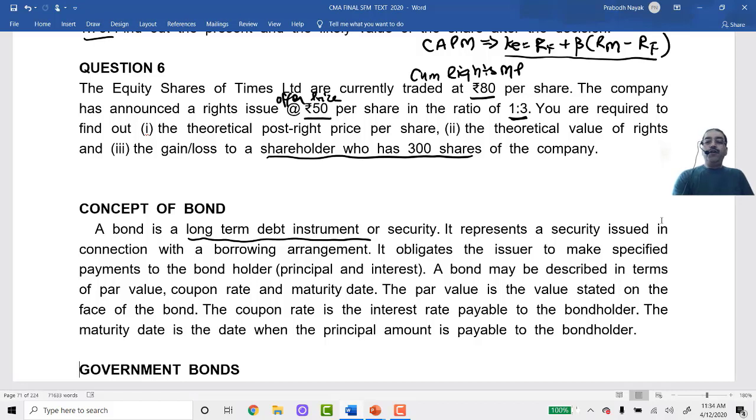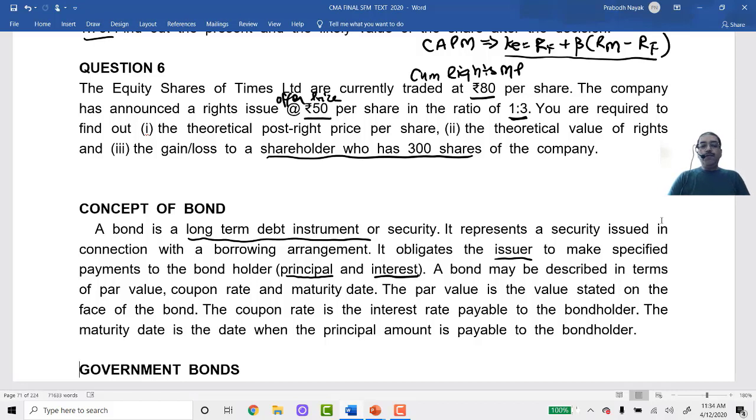It obligates the issuer, normally a company or a government, to make specified payments to the bondholder. What are the payments? The interest on a regular basis, and after the maturity date, the principal. So a bond is nothing but a debt instrument, like a loan taken for a long-term period of time.